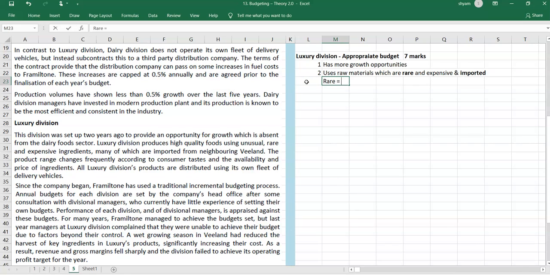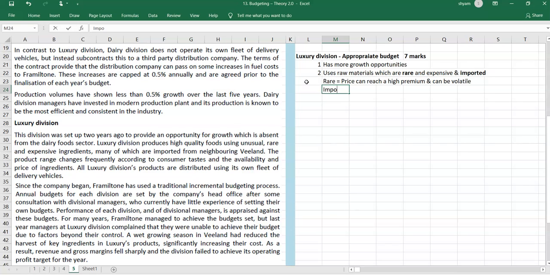Rare equals price can reach a high premium and can be volatile.